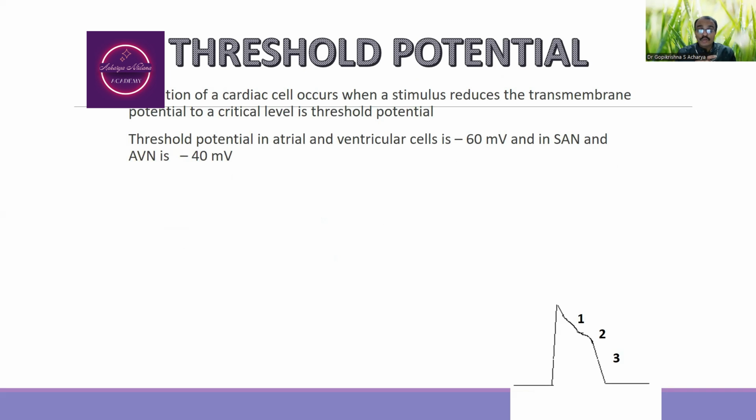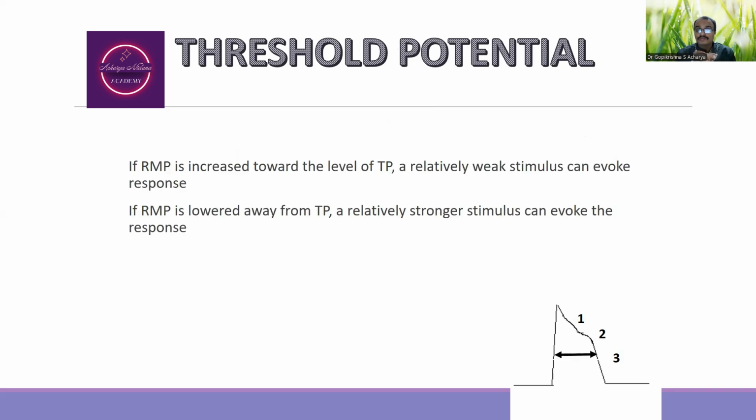The threshold potential in atrial and ventricular cells is minus 60 millivolt, and in the sinoatrial and atrioventricular node it is minus 40 millivolt. If the resting membrane potential is increasing toward the level of threshold potential, a weak stimulus can evoke a depolarization response.